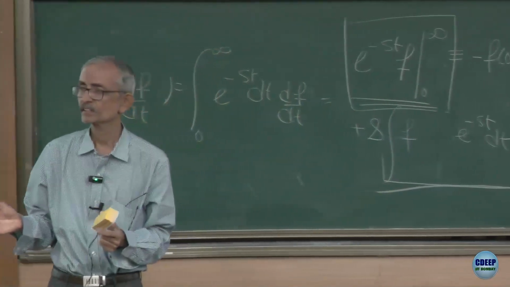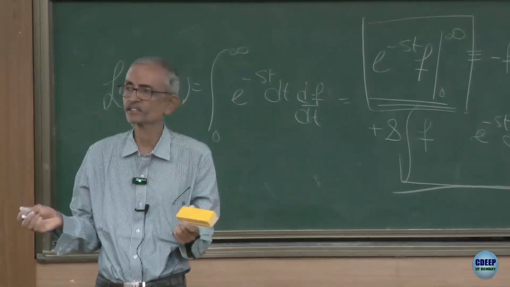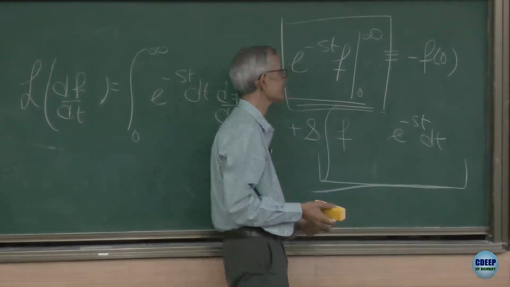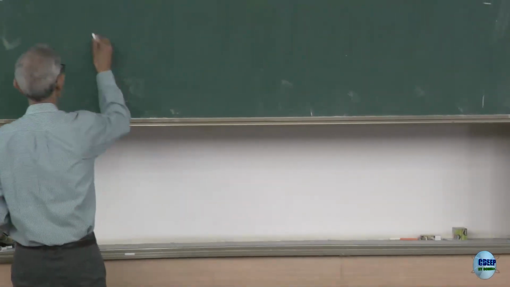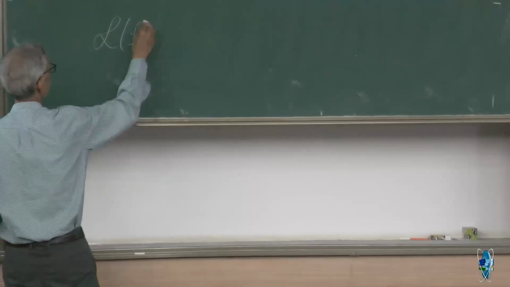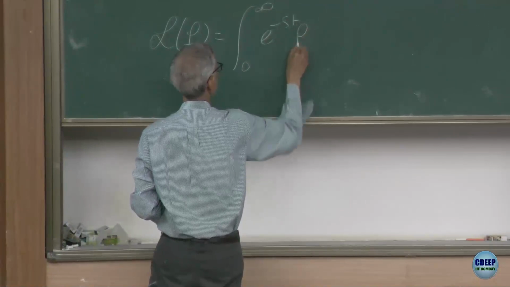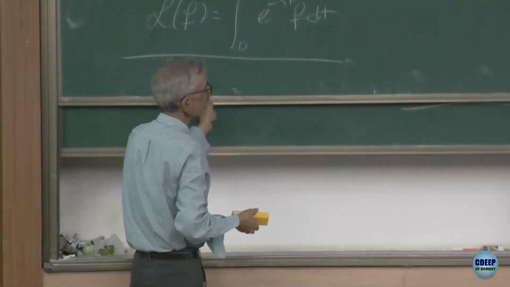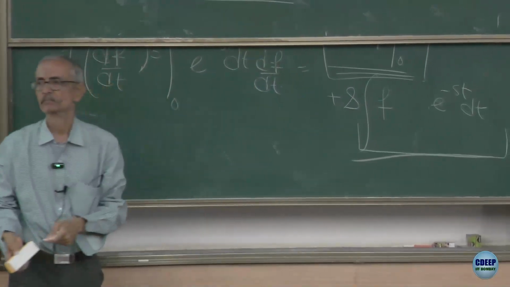This is the Laplace transform of f, that's all. This is f e to the minus st. That was the definition of my Laplace transform. We said that L of f is the integral from 0 to infinity of e to the minus st f dt. This is my definition, so this guy and this guy are the same.